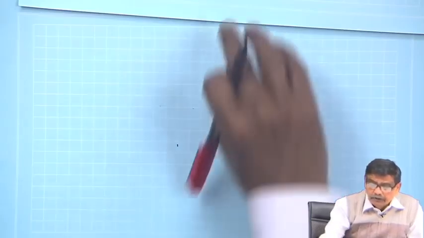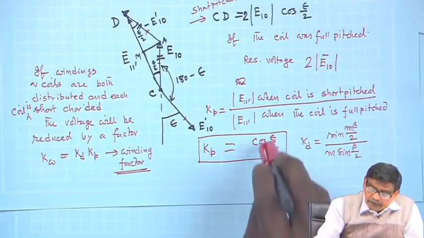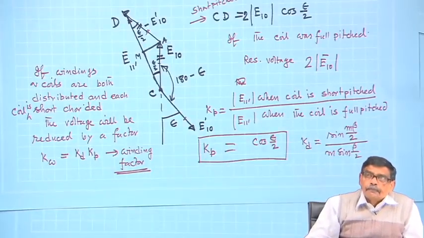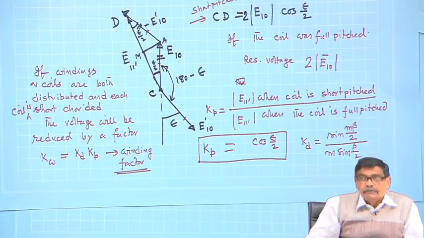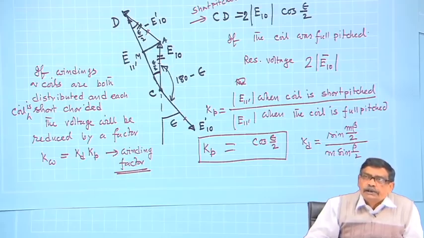Is it possible then, by selecting a suitable short chording, to eliminate one of the predominant harmonics?